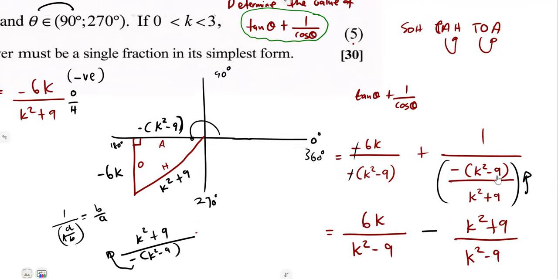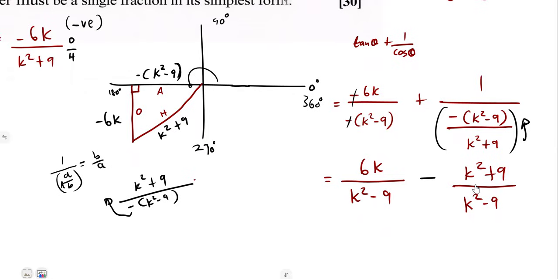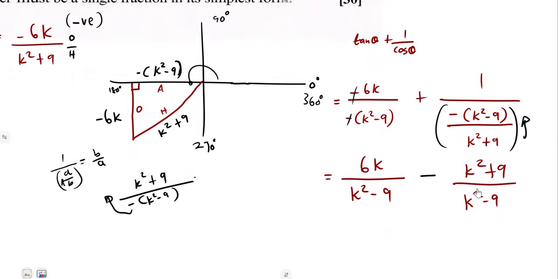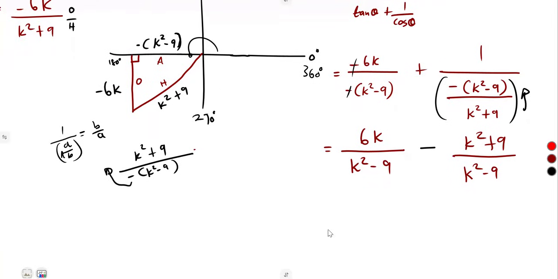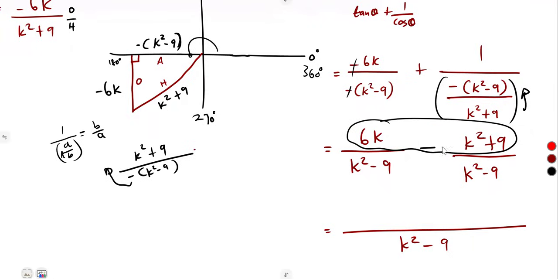This is where you are. And according to our simplification, we understand that these denominators are the same. So when working with the same denominators, guys, you can easily combine the numerators together.